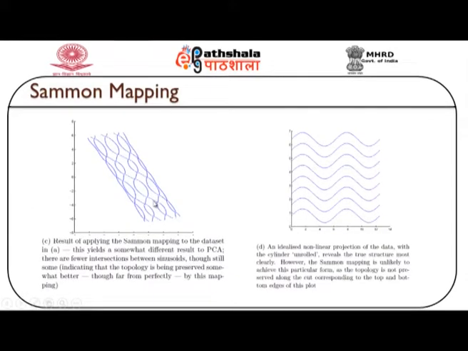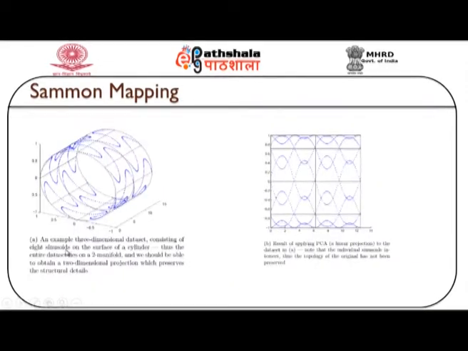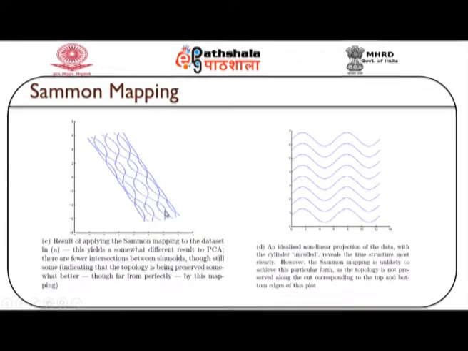So, if you look at figure C, the result of applying the Sammon mapping to the data set given in A is shown in C, which yields a somewhat different result to that of PCA. There are fewer intersections between the sinusoids, though there are still some intersections, but far fewer when compared to PCA.